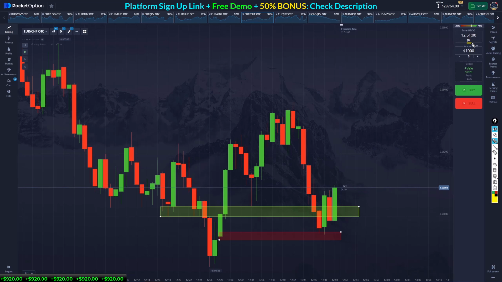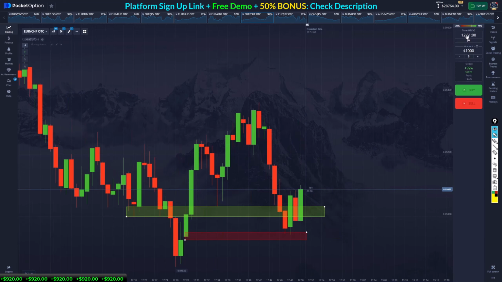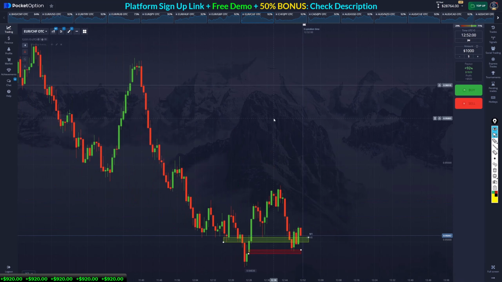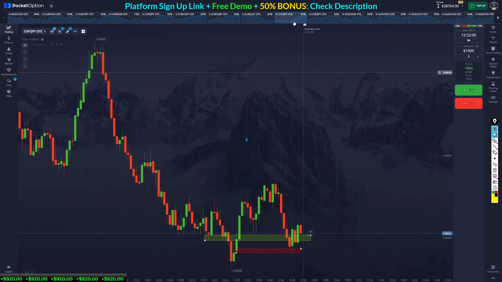You need to make sure this is on flag mode and the timer is on +1, and the third part of your timer should be on 0 in the right hand corner of this screen. Okay, this should be on 0 and +1. This one enabled and this should be on flag mode. You can't trade this strategy on the other mode. All right, let's just move on.